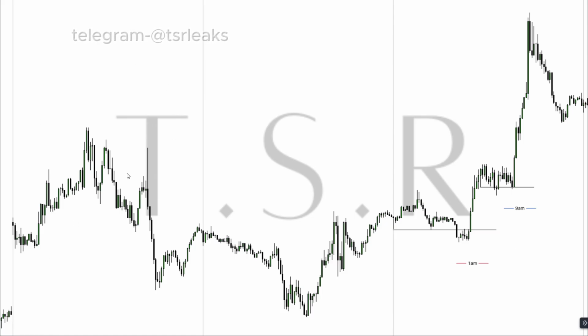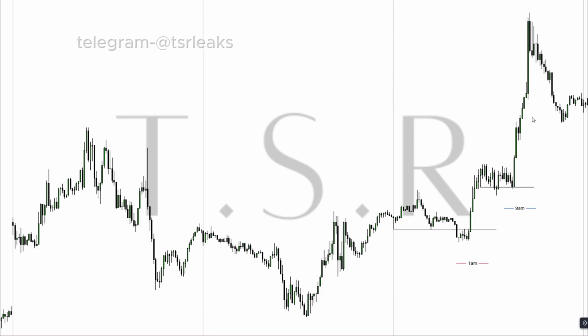If candle number 2 has taken the low of candle number 1 and has not closed below the low of candle number 1, then there is a high chance that price will retrace to the 50% of candle number 1, aka Monday, and 100% of candle number 1.